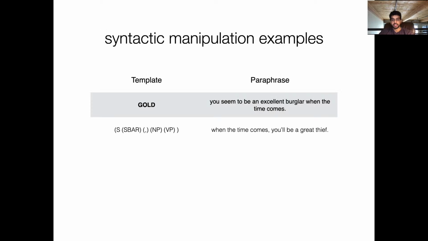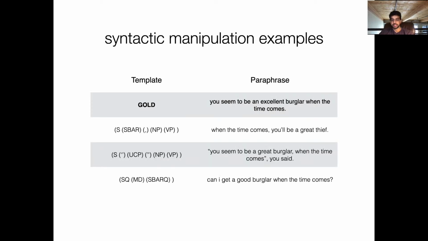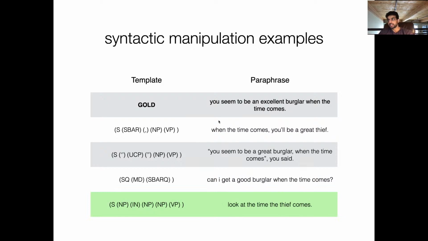Okay, and finally, just to show some examples of this and also some failure cases, here we have this sentence, you seem to be an excellent burglar when the time comes. And you can put in these various kinds of syntactic forms, like here you want some dependent clause followed by a comma, then a simple sentence, and it does this kind of reordering. When the time comes, you'll be a great thief, but you can even extend this to more bizarre forms.